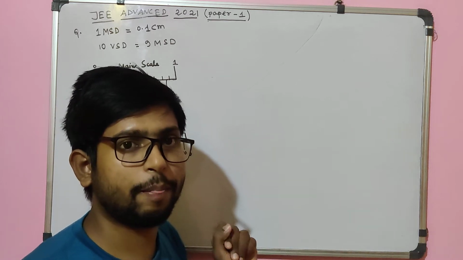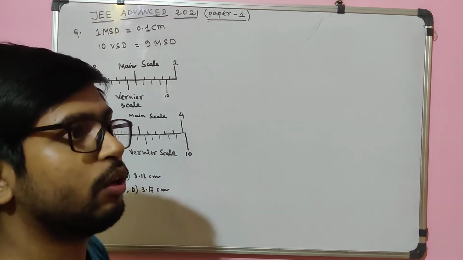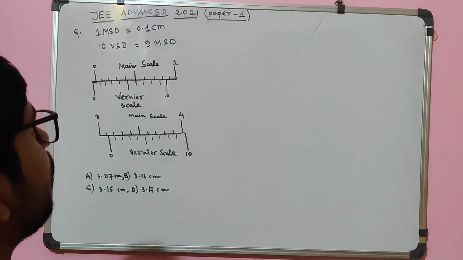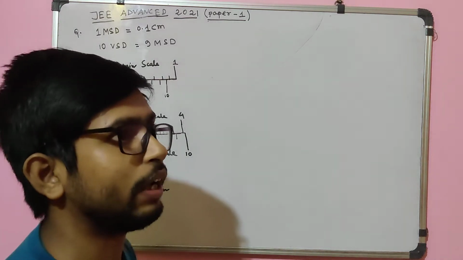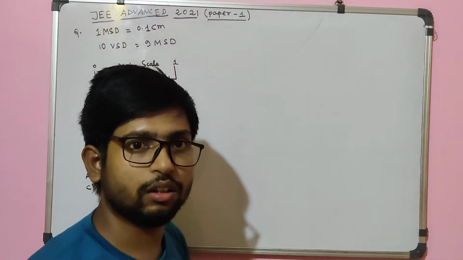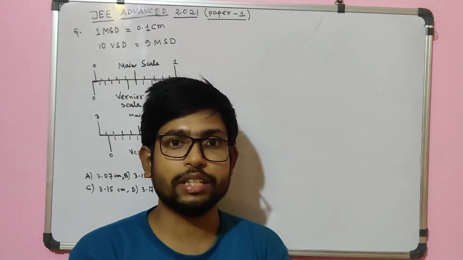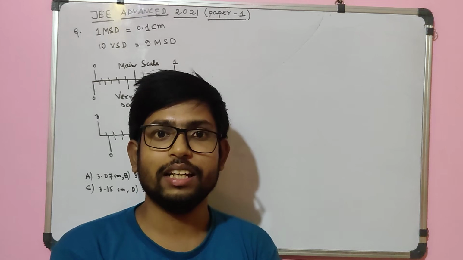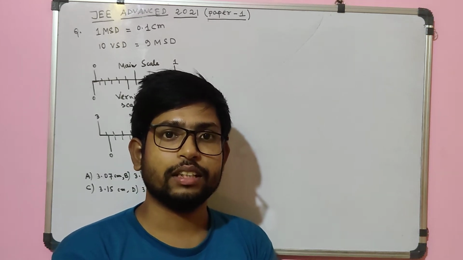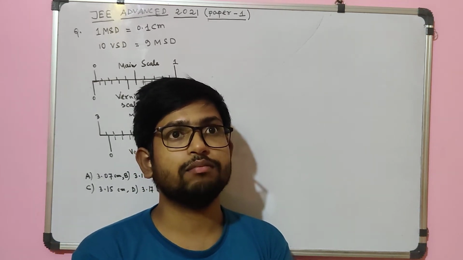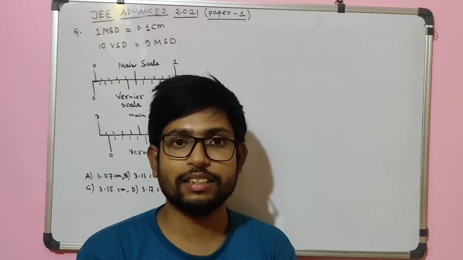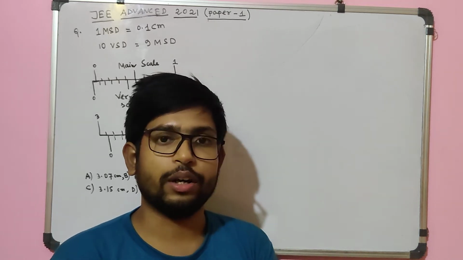Now, first of all, we have to find the least count of the Vernier caliper. Then we have to see if there is any initial error in the Vernier calipers. So how can we make sure that there is error or no error?